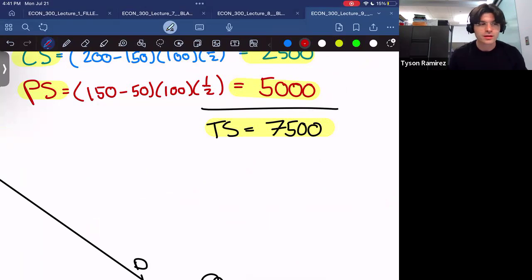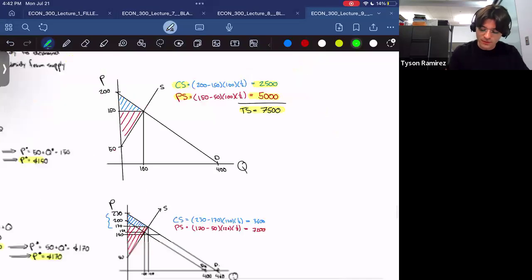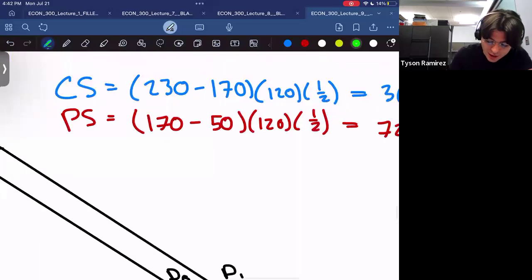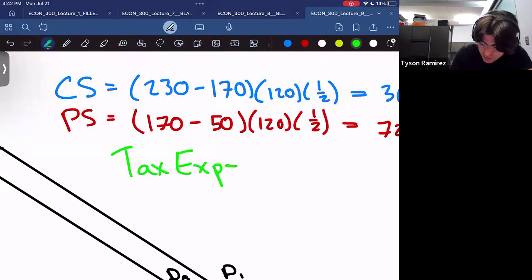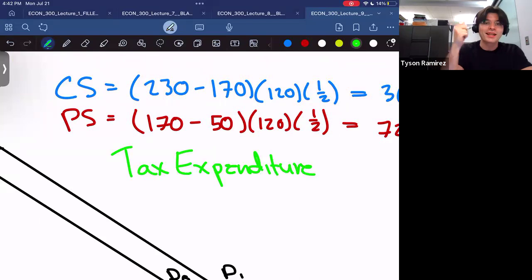But we're forgetting something. Who's paying for the surplus? The government is paying for this. So when we consider that part, we need to consider tax expenditure. Remember above, the government was collecting a tax, so they were generating revenue.